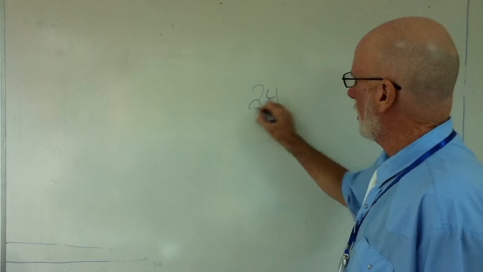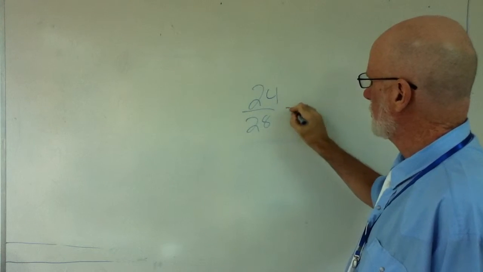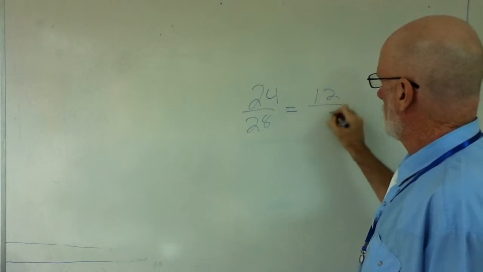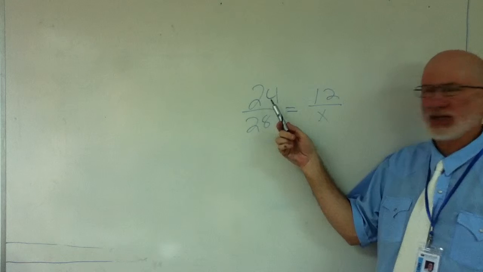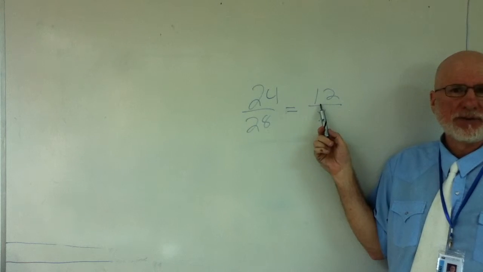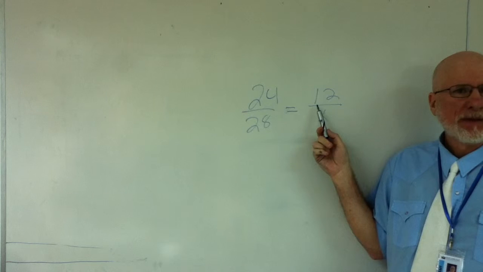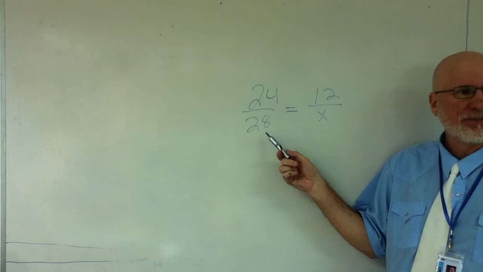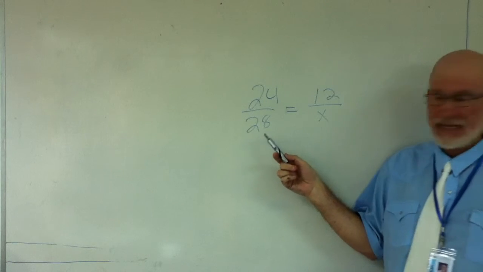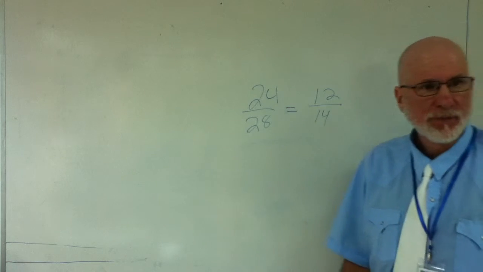So 24 over 28 equals... I want to express the numerator as 12. How did I get 12 from 24? I divided it by 2. Divide 28 by 2. 14. So that becomes 14. And then simplify it.